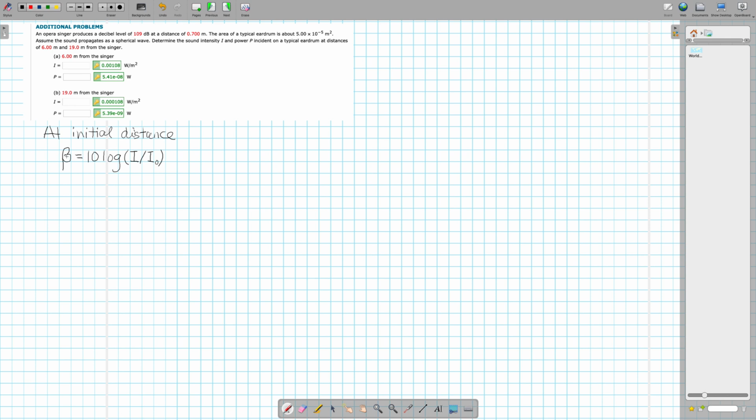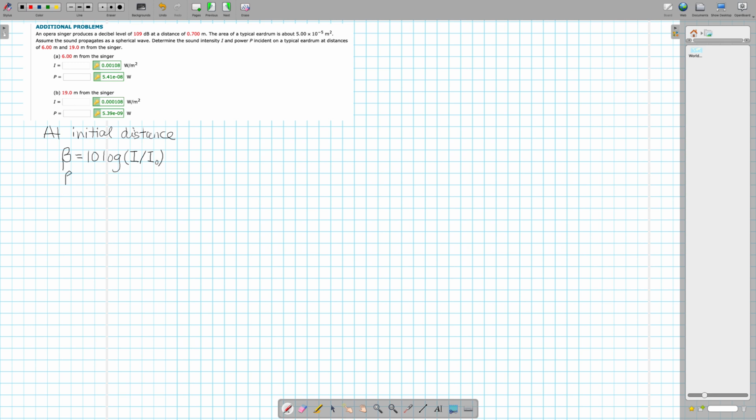So we're given beta. We know I0, it's 10 to the minus 12 watts per square meter. So let's figure out I. And once we have I, we can then figure out the power that the singer is outputting. So we got to do some algebra.